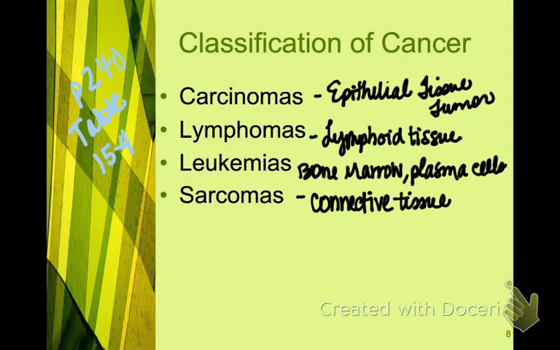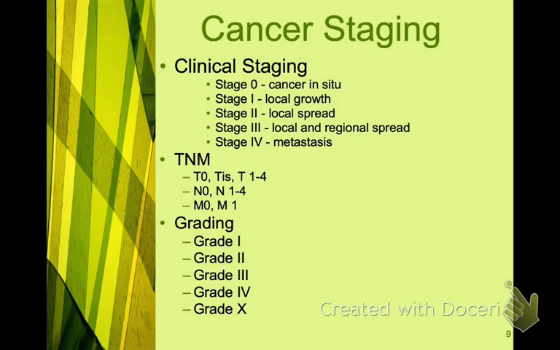So they usually start with what classification of cancer it is, right? When they're listing it, say carcinoma, and then they'll have some numbers after it. And we're going to talk about all these numbers right here. This classification just helps with diagnosis, treatment.